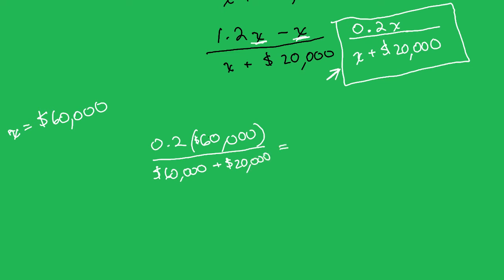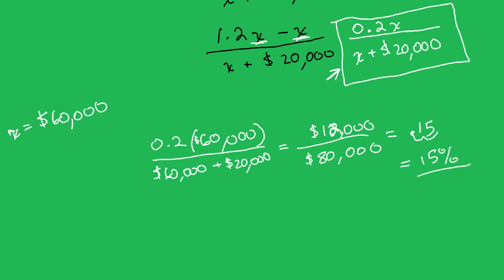And that's going to give us $60,000 times 0.2 is $12,000. You don't have to worry about doing this part out like this. You can use a calculator if you'd like. 60,000 plus 20,000, and 12 over 80, if you don't know off the top of your head, is 0.15. So that's 0.15, or a 15% increase.